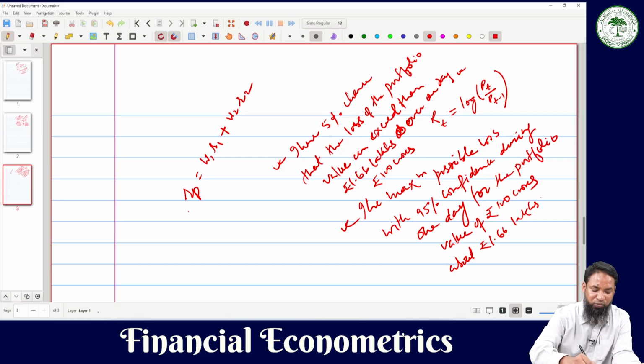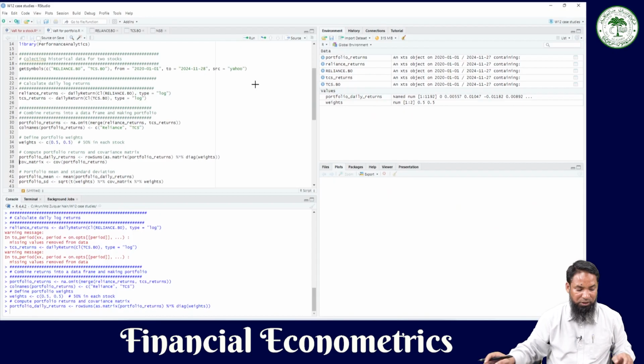So basically the portfolio return is nothing but the weighted average. The same thing here, we have calculated the daily return multiplied by weights.